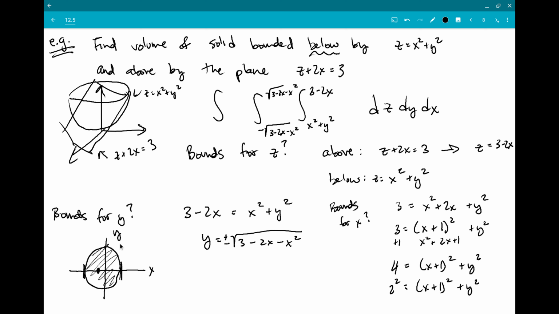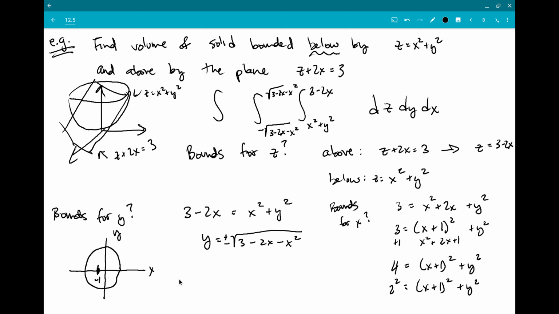Okay, so why did I do this? What I'm looking at is a circle. Okay, so I'm looking at a circle, and now from this equation, I know that this random offset I saw in x is that it moves over 1. The center is moved to the left 1, so at negative 1.